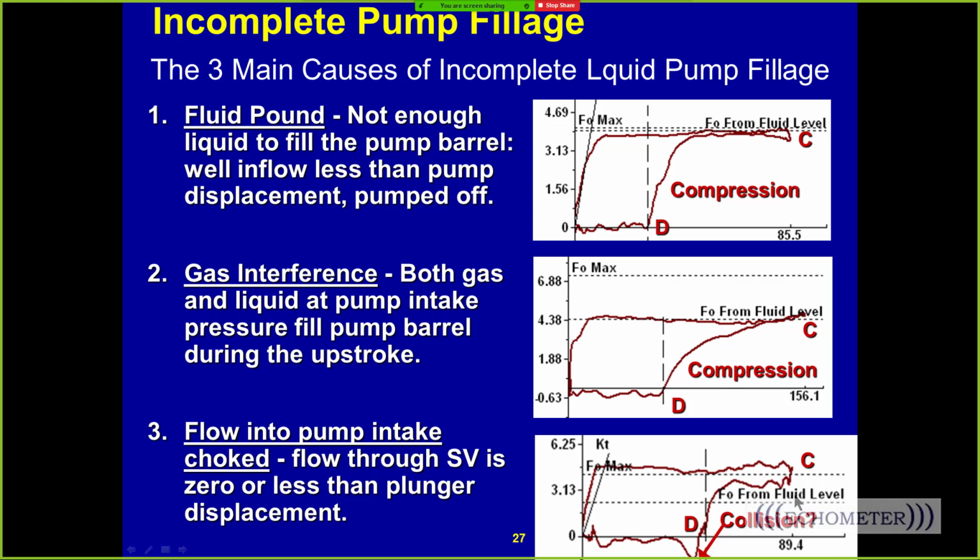But on the outside, the pump intake pressure is high, and the pump card shouldn't be as tall as it is. It should be much shorter. So this is the key: a high fluid level with no fluid entry into the pump, and the pump's not full. So there's fluid above, and the pump's not full. It looks like a fluid pound card, but there's no fluid to surface. So this is an example of a blocked intake or choked intake.